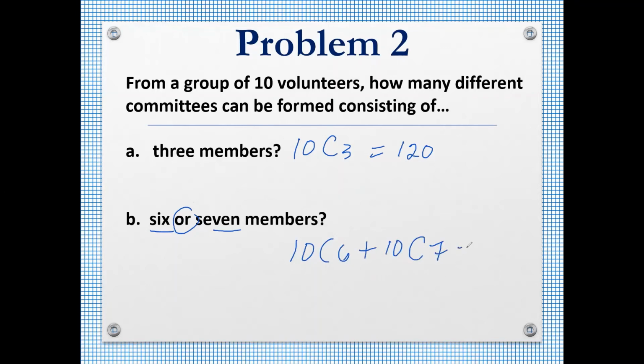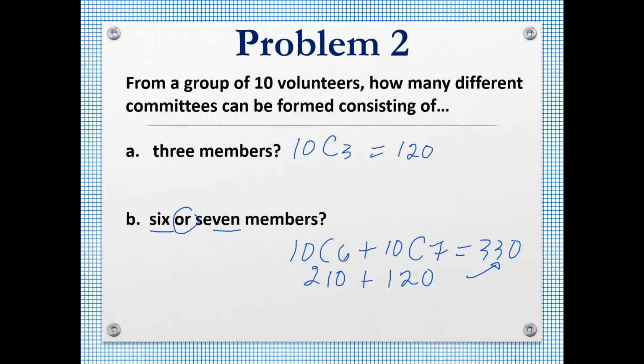And what is your answer, Violet? 330. Agree? 330. 10C6 is 210. Please check. Plus 10C7 is 120. So add, it's 330. Okay, very good, Violet. Thank you.